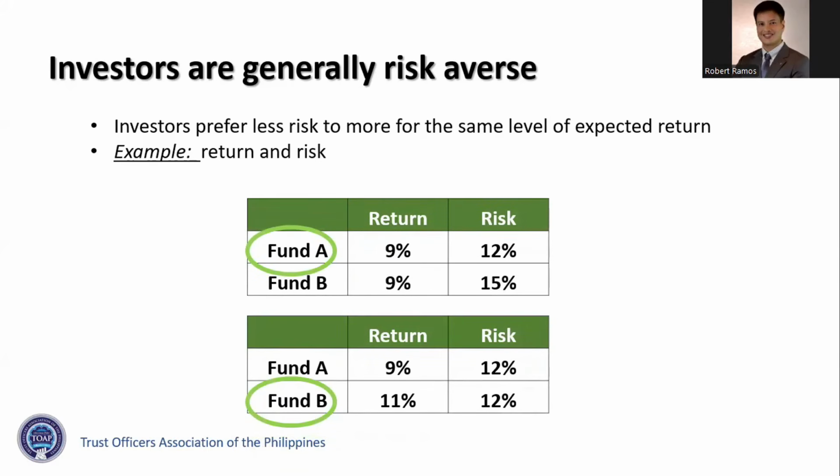So given this example, investors would tend to gravitate to, let's say, given that Fund A and Fund B both have returns of 9%, people would tend to select Fund A because the risk is lower at 12% versus the risk of 15% for Fund B.